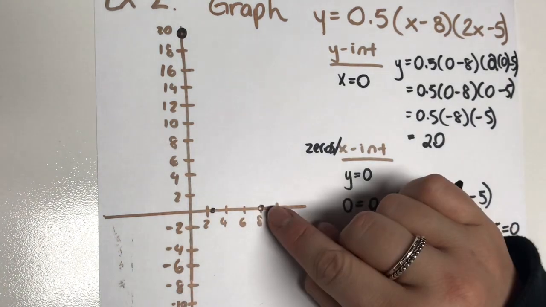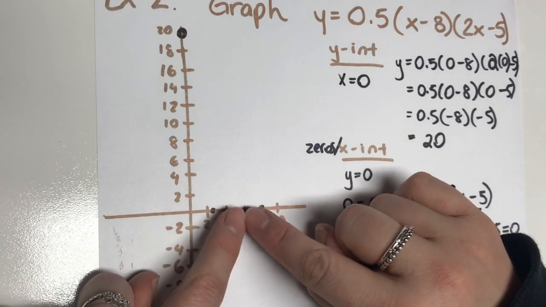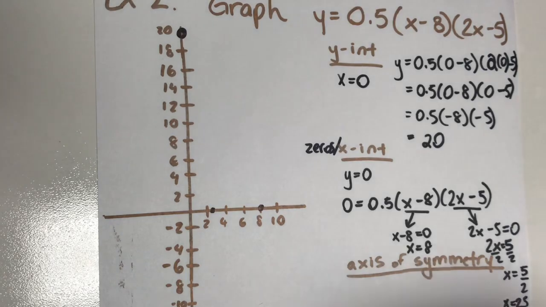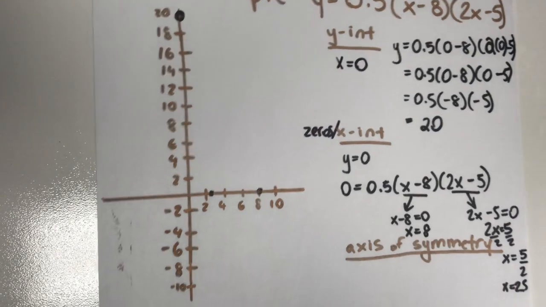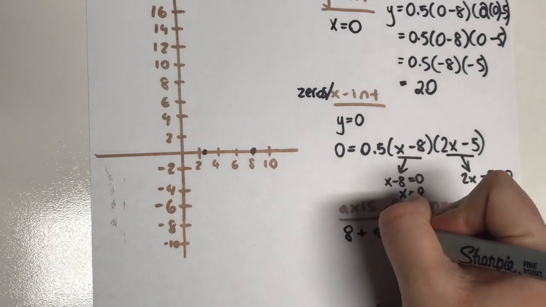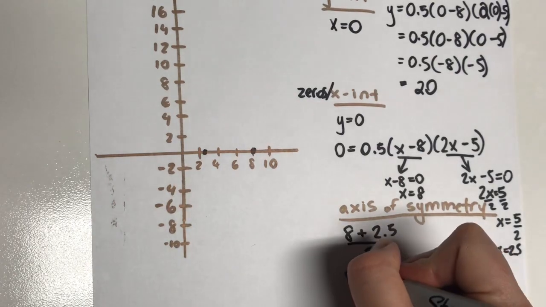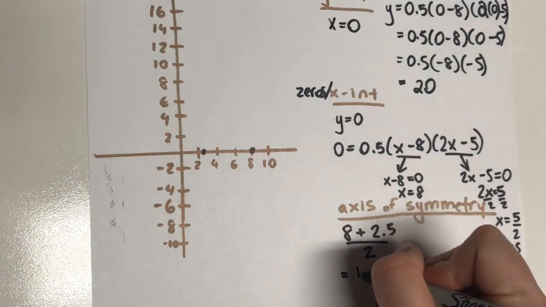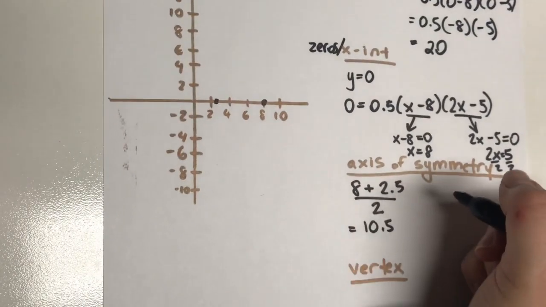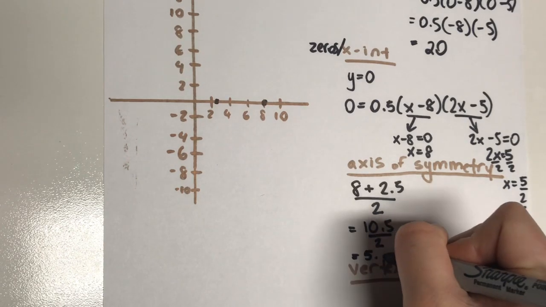My axis of symmetry is going to be the line that is in between my x-intercepts. To find the line in between, I'm going to add my x-intercepts together and then divide by 2. That gives me 10.5 divided by 2, which is equal to 5.25.